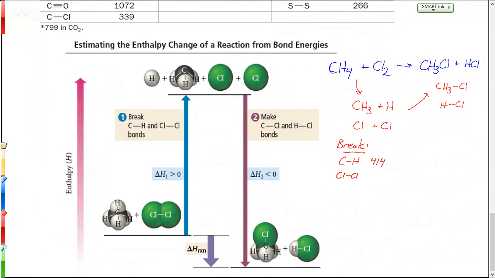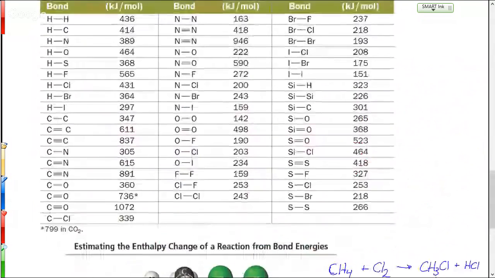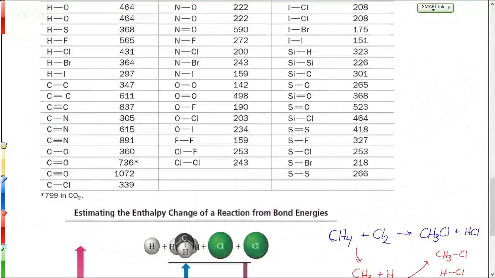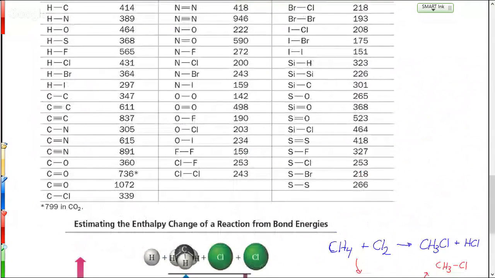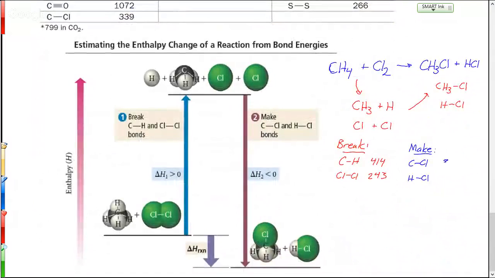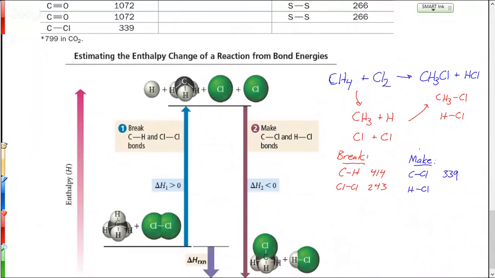And we're breaking a Cl-Cl bond, which we just talked about, 243. And then what bonds are we going to form or make? We're going to make a C-Cl bond by connecting the Cl to the carbon. And we're going to make an H-Cl bond. So we can look those up. C-Cl is 339. And H-Cl, that's another high one, 431.